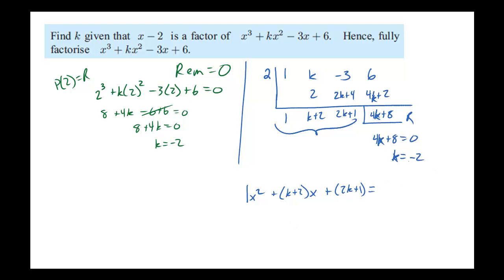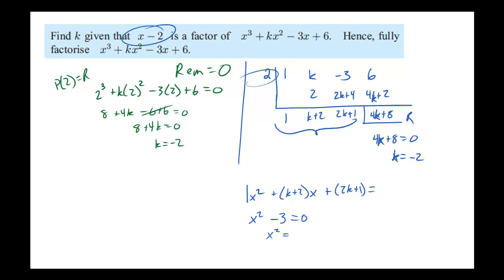And so I can go ahead and put the negative 2 in now, and I end up with x squared. If I put negative 2 here, I get 0x, and then if I put negative 2 here, that would be 2 times negative 2, which is negative 4, plus 1, which is negative 3. And so that's what the expression simplifies to after I've divided out the x minus 2, which is what I did right here. So that then equals 0.